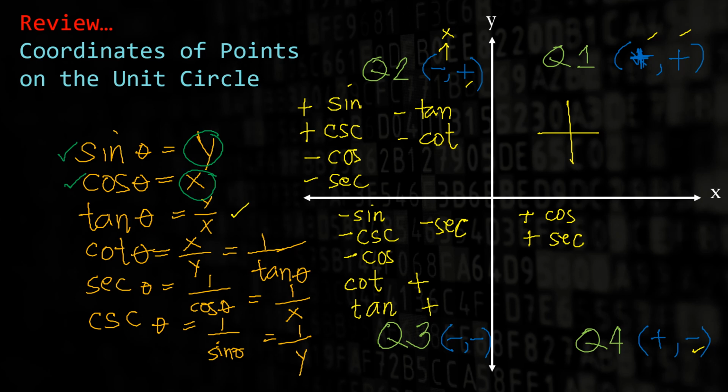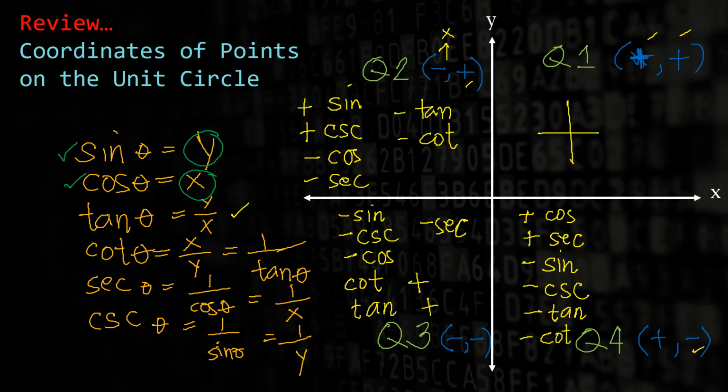However, the remaining functions will now be negative. The one that requires y is the sine function, so that must be negative. Its reciprocal will definitely be negative, and that is cosecant. The quotient of positive and negative is negative. So we have negative for tangent and negative for cotangent.